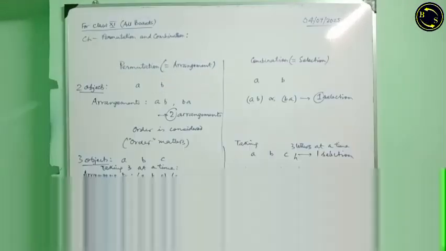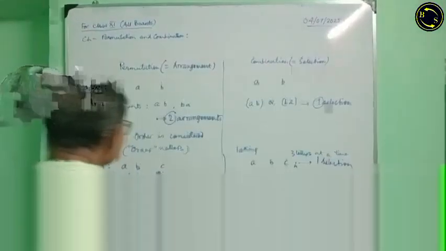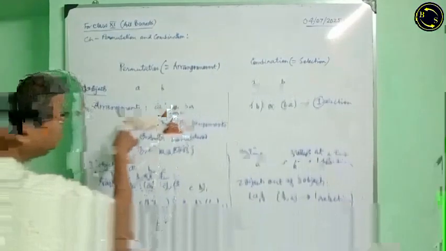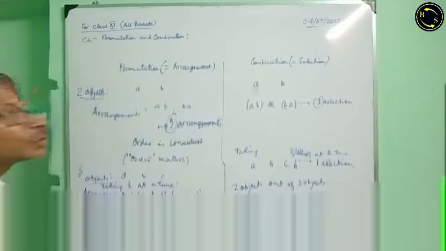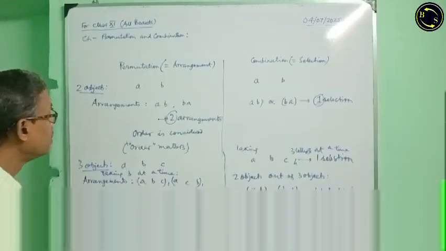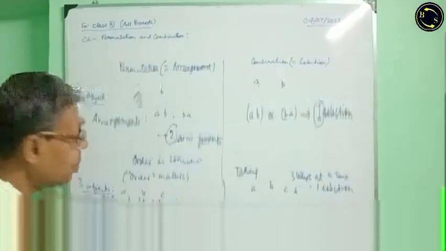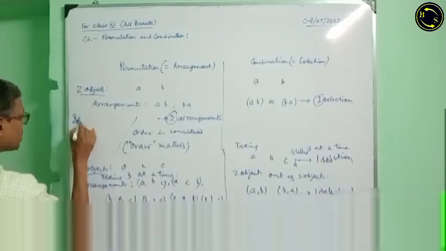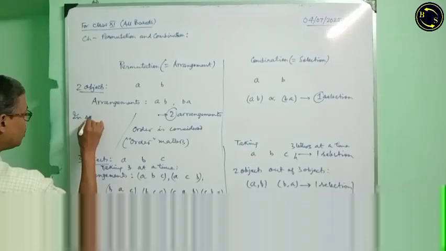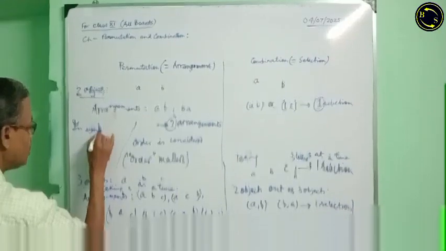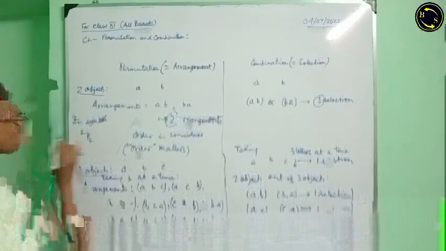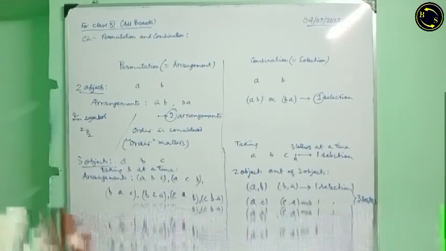Now, we use the symbols. In case of permutation, two different objects are there. We are taking two at a time. We express that as 2P2.